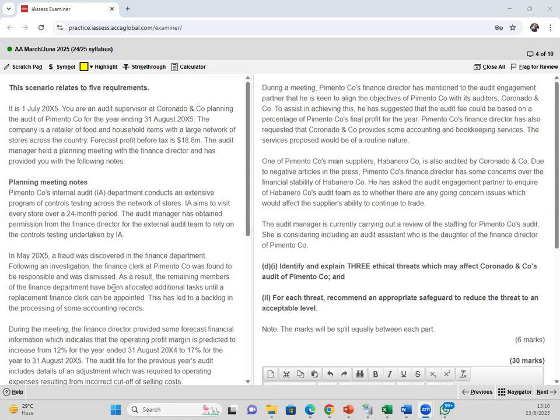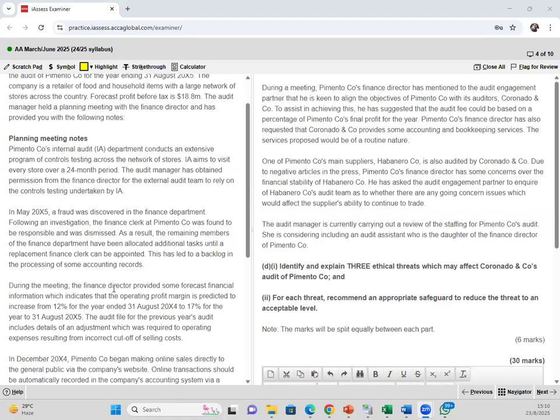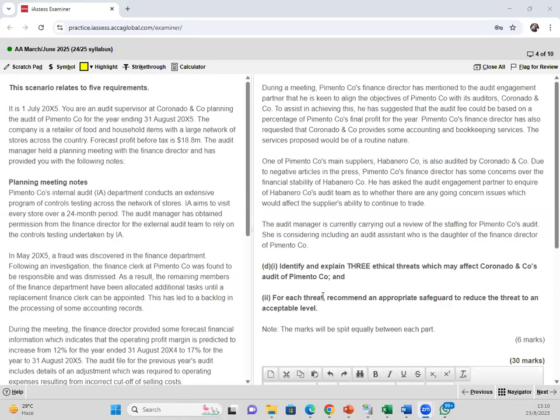Okay, let's read through the ethical issue here. So the question is then saying, come up with the threats and the safeguards. Pick the threats and the safeguards. I think from the scripts that I marked, justice was done to this one.